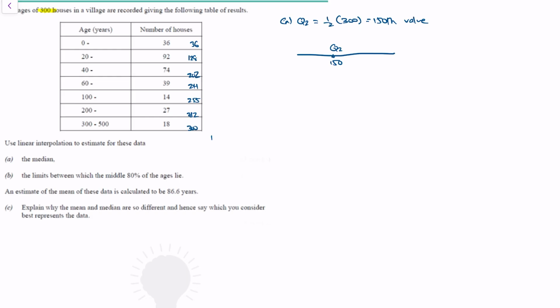So Q2 lies between 128 and 202, in the class interval 40 to 60.